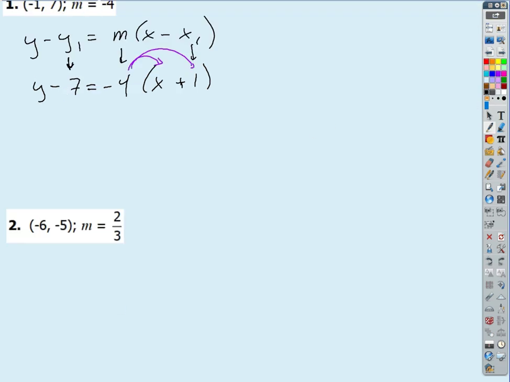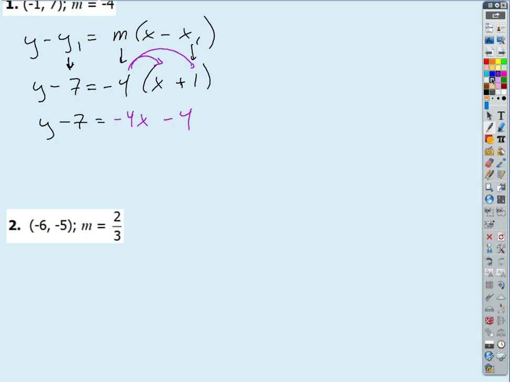And that's going to give us y minus 7 equals what? If I distribute the negative 4, what am I going to get? Negative 4x minus 4. Last step. What's the last step? Marcus? Carry that over the 7. So I add 7 to both sides? Okay.